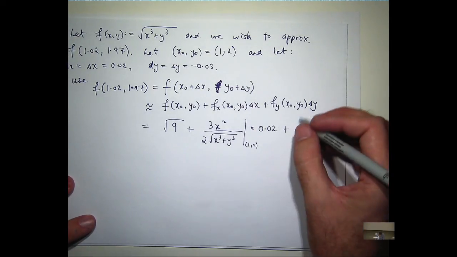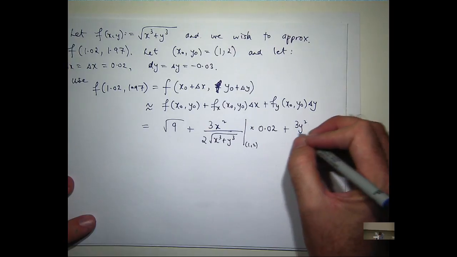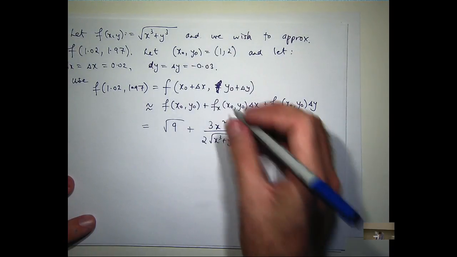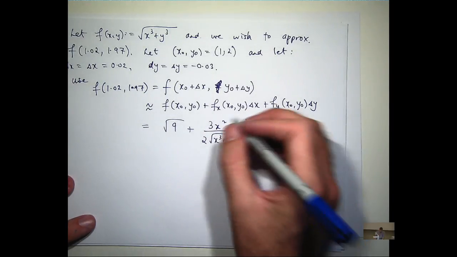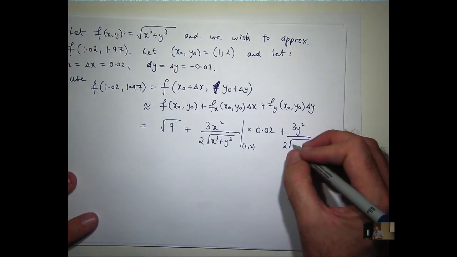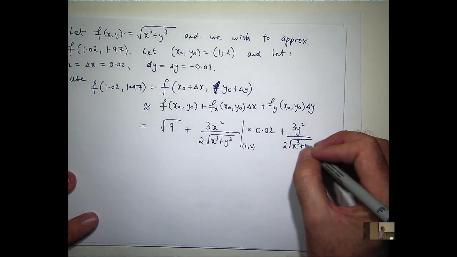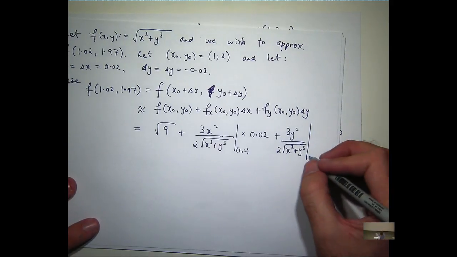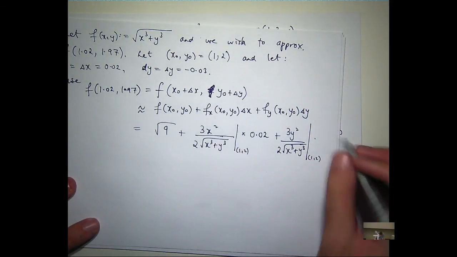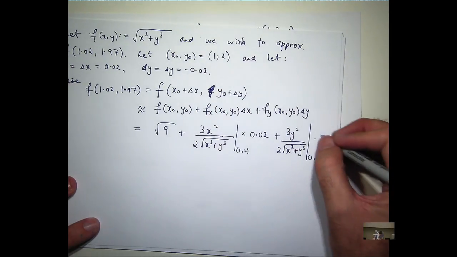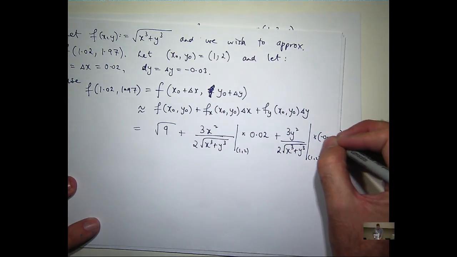So just differentiate again. I can leave them as x's and y's. Yep. x cubed plus y cubed, all evaluated at our simpler point. And this bit is multiplied by delta y, which is minus 0.03.